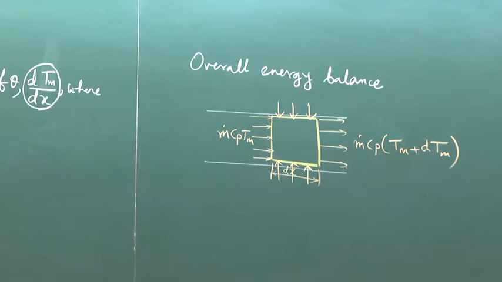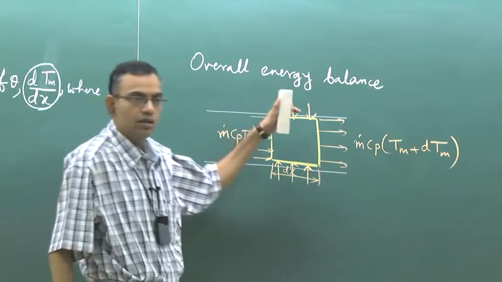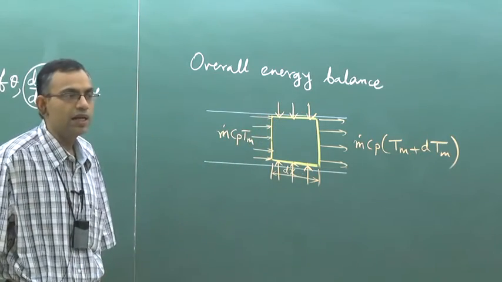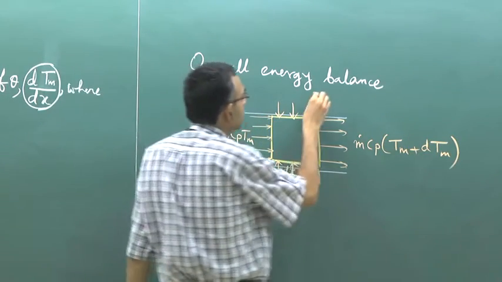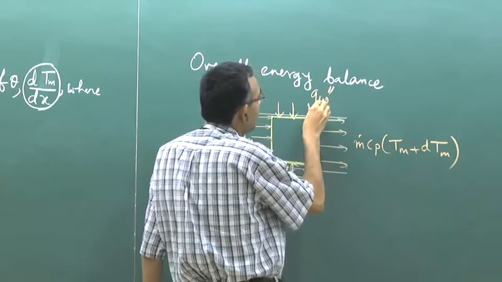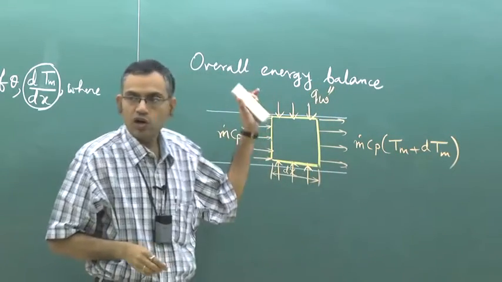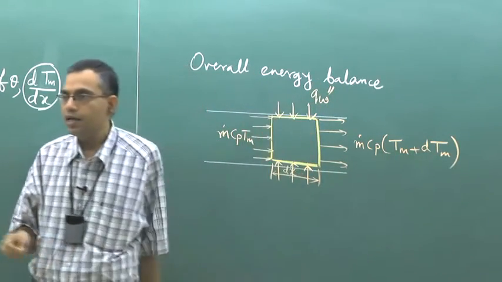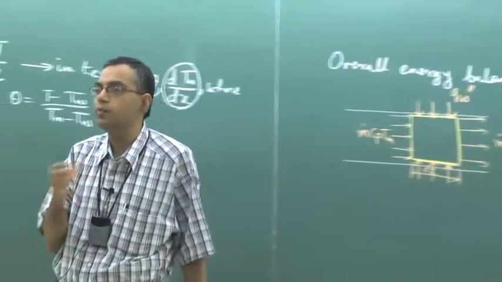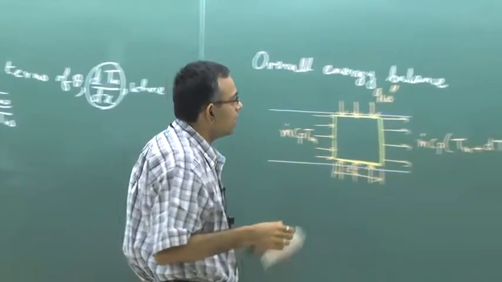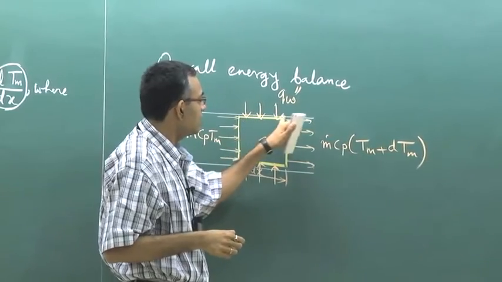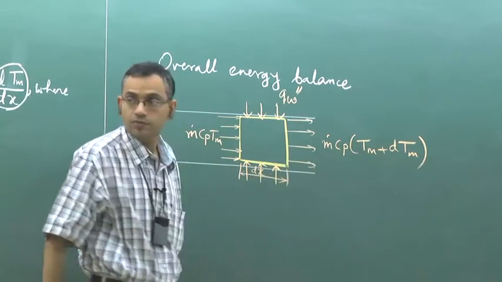Then we have heat transfer at the wall. What is the heat transfer at the wall? If the wall heat flux is q double prime, this may be a constant or it may be a variable. So what is the heat transfer rate across the wall?